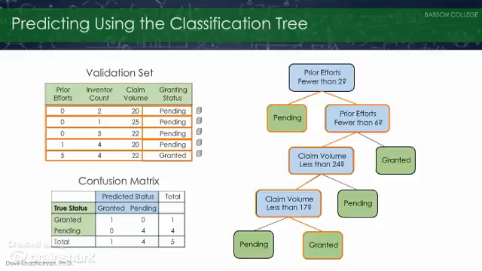And then if you look at the first row, you have only 1 document that in our validation set is granted, and we correctly classify that as granted, and that's the first element on the main diagonal.